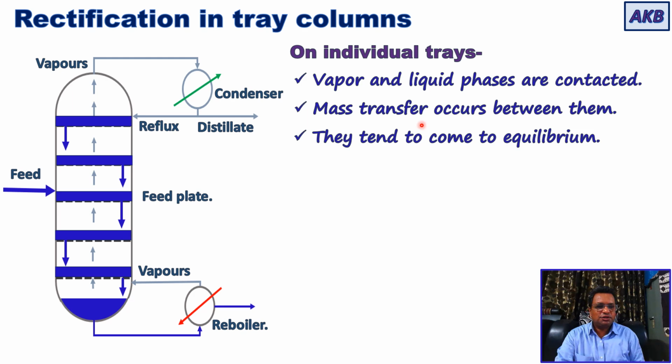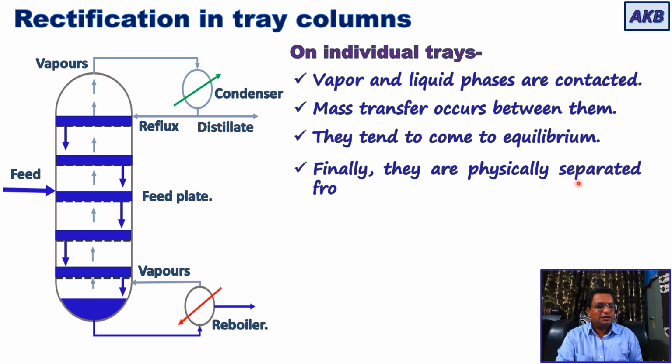The two phases tend to come to equilibrium. In reality they will not reach the exact equilibrium, but they will go close to it. And once this happens, they are physically separated from each other. So all this happens on individual trays.